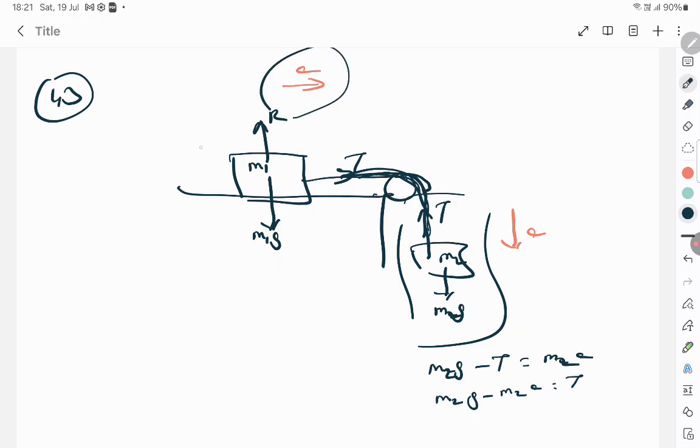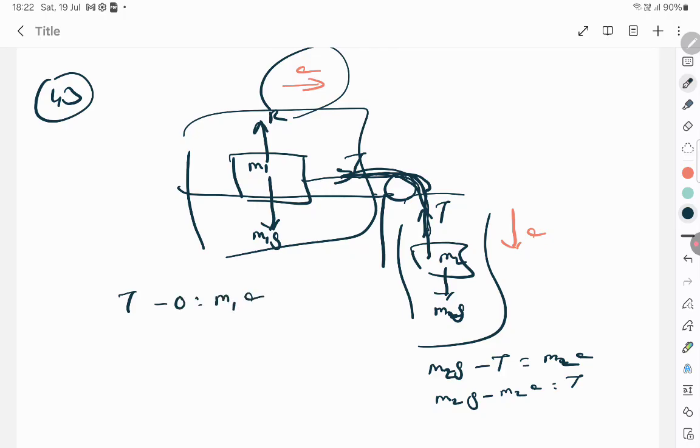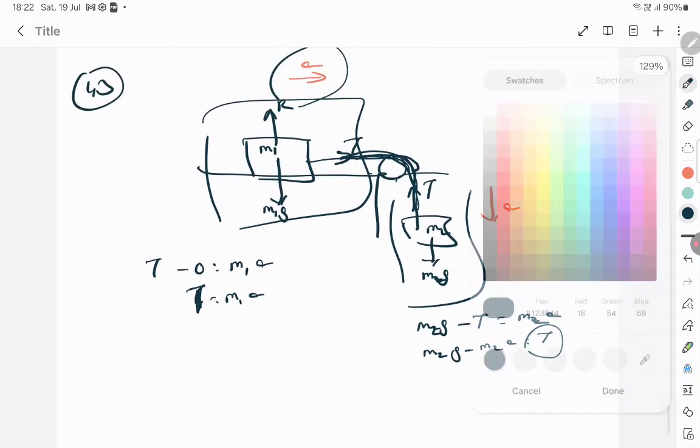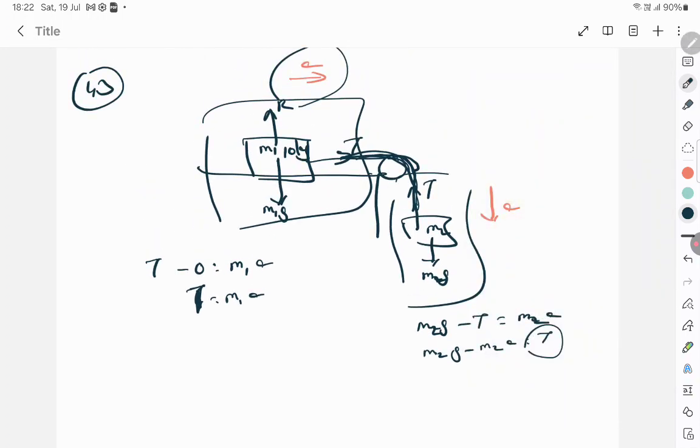And if we consider the free body diagram, the right force minus the frictional force, which is 0, should be equal to m1 into acceleration A. Therefore, T itself is m1 into A. But this is also tension T and this is also tension T. So okay, let me read the question. A body of mass, they have given this mass to be 10 kg. They have given this mass to be 5 kg.